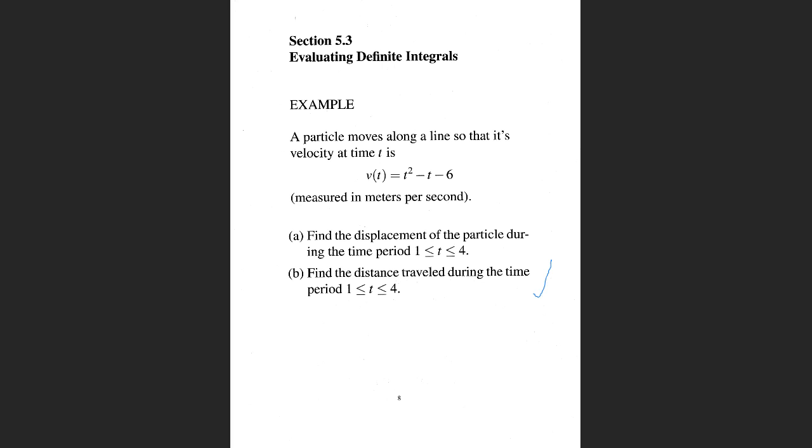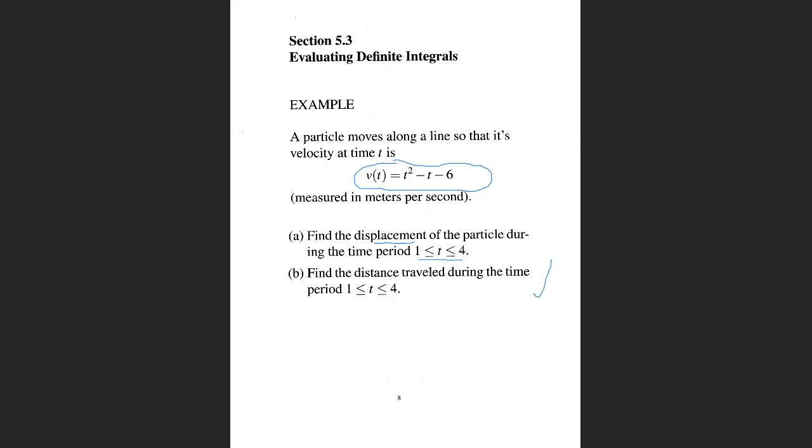Okay, so a particle is moving along so that its velocity at time t is equal to t squared minus t minus 6. And what we want to do is find, first of all, the displacement of the particle during the time period.